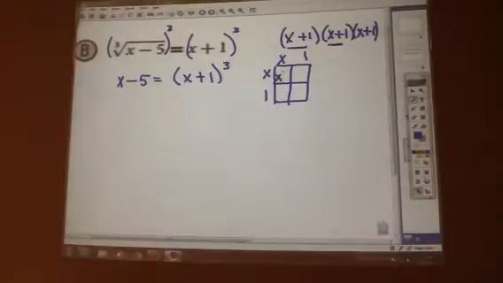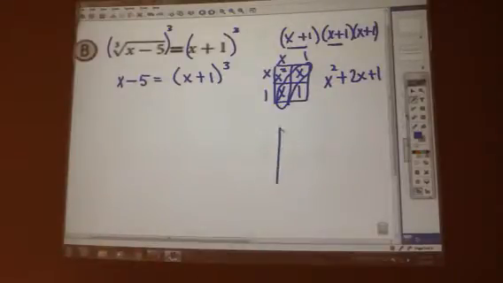So that will give me x squared. X times 1 is x. X times 1 is x. And 1 times 1 is 1, which will give me x squared plus, add these together, 2x plus 1. That's the first two multiplied together.